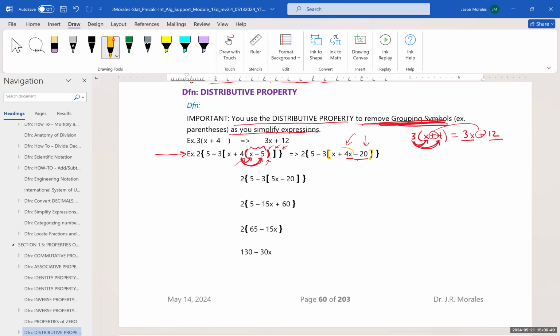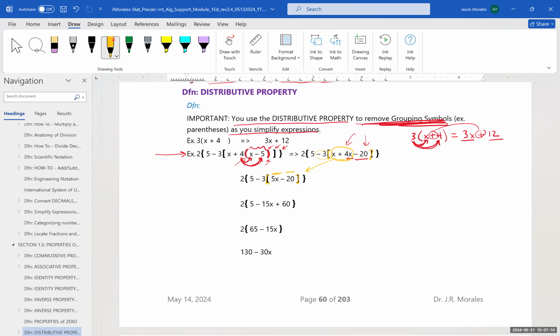And notice that we've got like terms right here, x and 4x, and we can combine like terms. So this next line down is with these like terms added. x plus 4x gives us 5x. We still have this -20, and the brackets are still there.